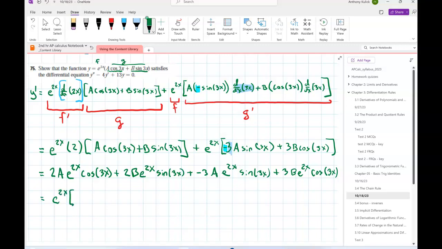You could combine the 2x's. They'll just stay the same. Every term has an e to the 2x.